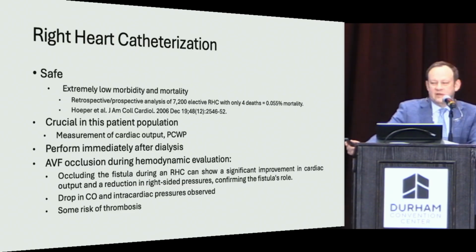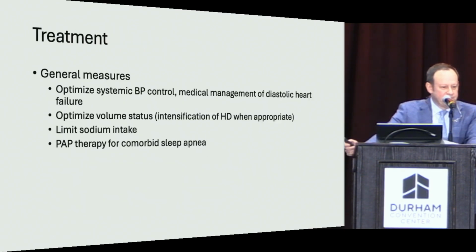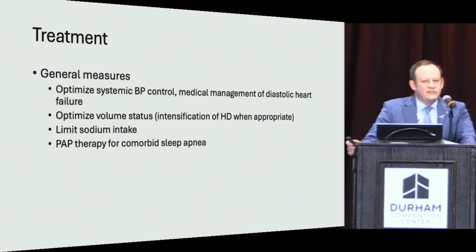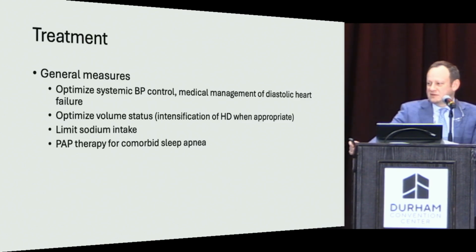I will admit we do not do this routinely and usually presume that with the right hemodynamic profile and clinical context that a very elevated cardiac output in a patient with an AV fistula is attributable to the fistula. There is some risk of thrombosing the fistula, although it is small when this maneuver is done, so should be done with some caution.